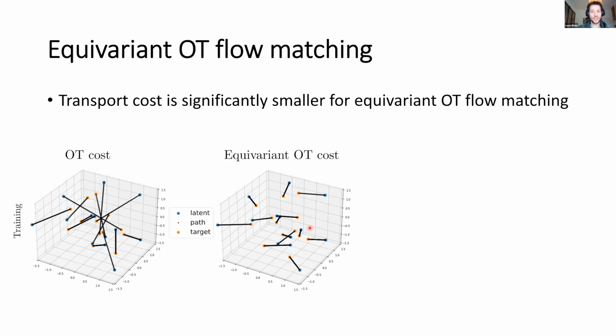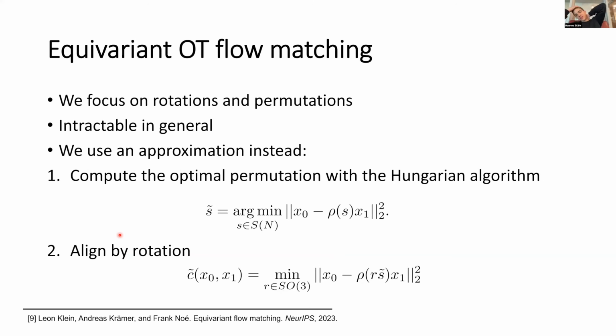So here's an example. On the left is again this Lennard-Jones system with 13 particles. If we go back to the slide, the cost that we use for our Hungarian algorithm is that after RMSD? So that's without RMSD alignment?